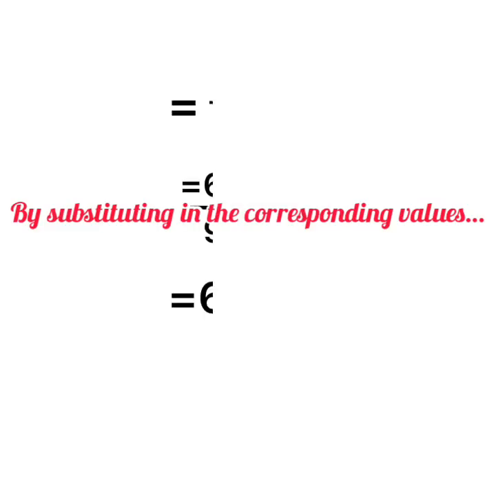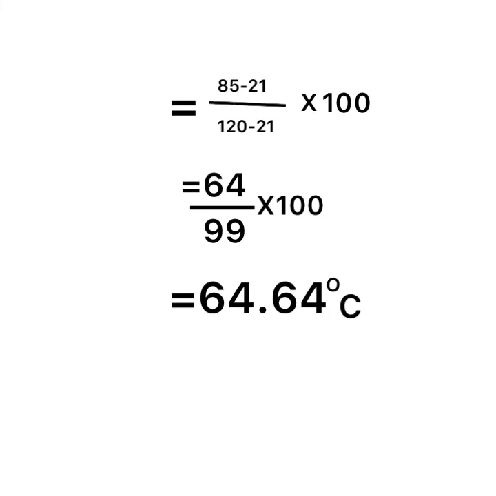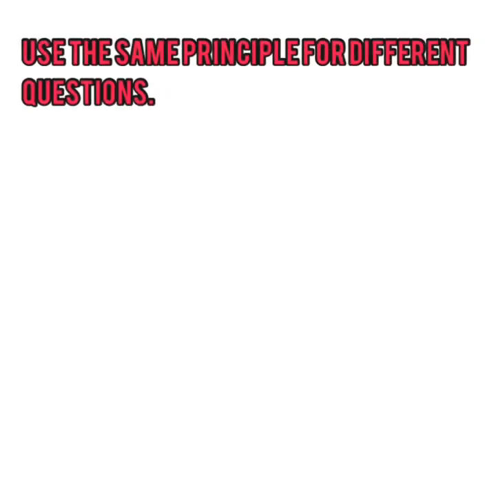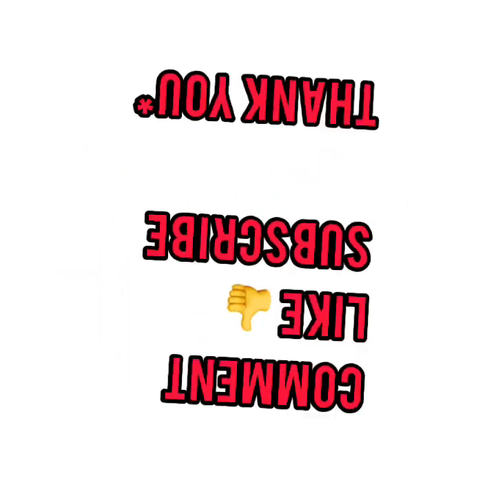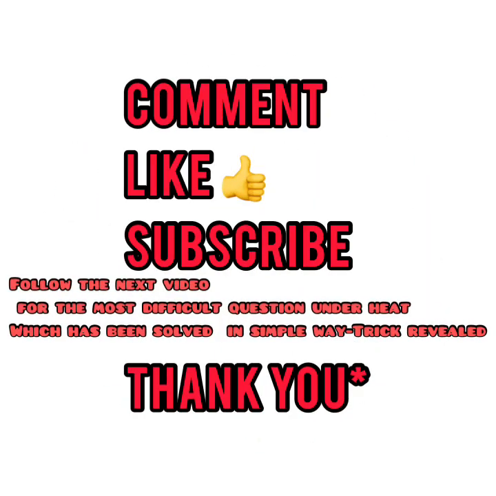By substitution, we get 85 minus 21 divided by 120 minus 21, all multiplied by 100 degrees Celsius, which gives us 64.64 degrees Celsius. So the same rule works for all the four types of thermometers we learned, and it's the same principle that we use, and we use the same method for both the Celsius scale and the Kelvin scale.